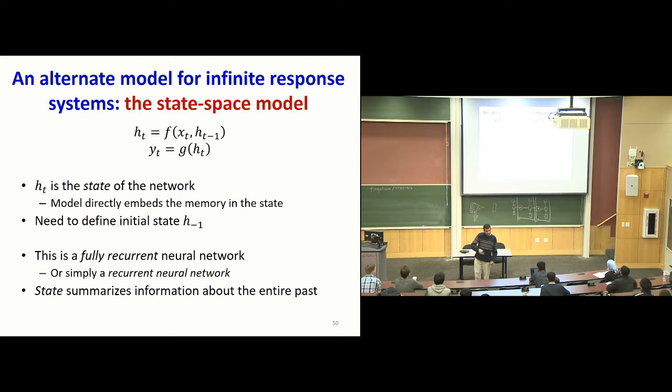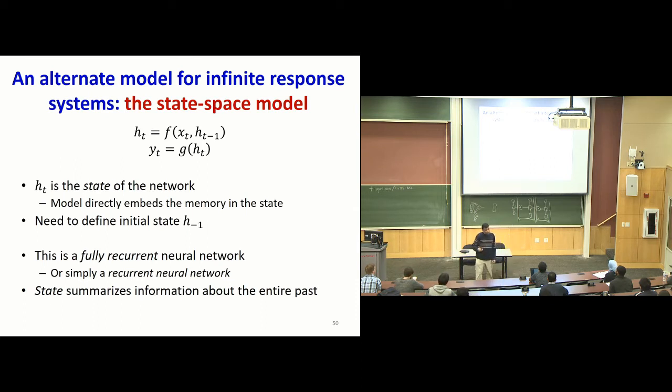So information is being passed forward, and the output depends on the state. So now this is what we will call a fully recurrent network. If I model these functions f and g as neural networks, this model itself doesn't assume that anything is a neural network. But if f and g are modeled as neural networks, this will be what we will call a fully recurrent neural network, or simply we won't use the term fully. We're going to drop it, and we'll just say recurrent neural network.